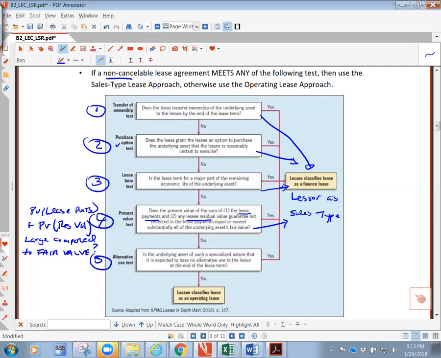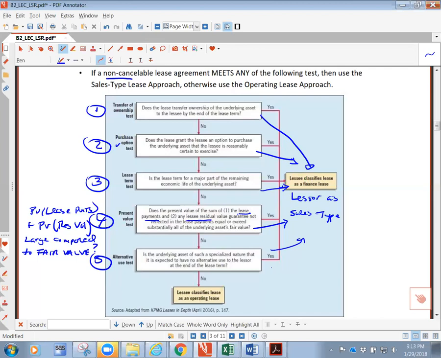And then, is the underlying asset of such a specialized nature that it is expected to have no alternative use to the lessor at the end of the lease term? If it has no alternative use, then it's a sales type lease. Here's the idea. Let's say you have special molds created that make a part for your product that only fits your product, so the mold can only be used by that company.